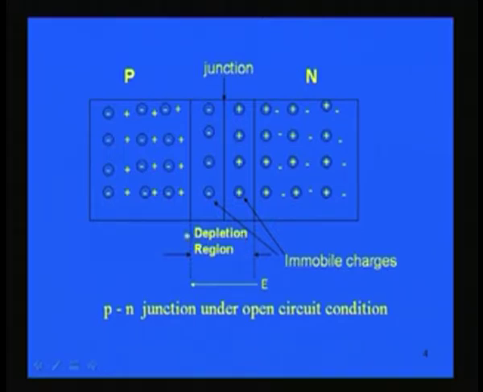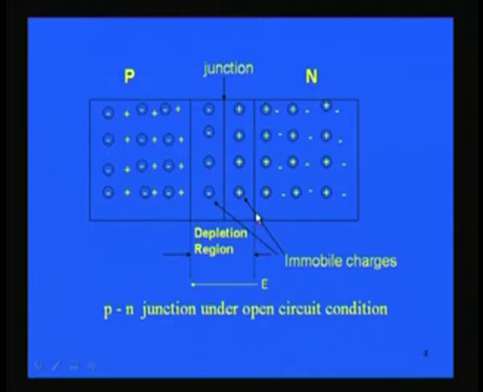So, under open circuit condition, that means we are not connecting this p-n junction to any circuit, it is open circuited. We will now have in the depletion region only immobile charges. These immobile charges are forming two layers: a negative charge layer on the left side, that means the p side, and a positive charge layer on the right side.